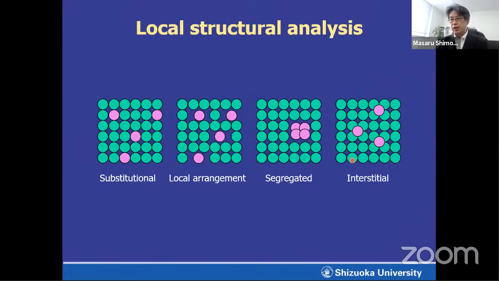The point is, for example, if we use XRD-type diffraction, we cannot get local information like this. We always measure the major material's information. So in this presentation, I would like to explain local structural analysis using X-ray fluorescence and photoelectron diffraction.